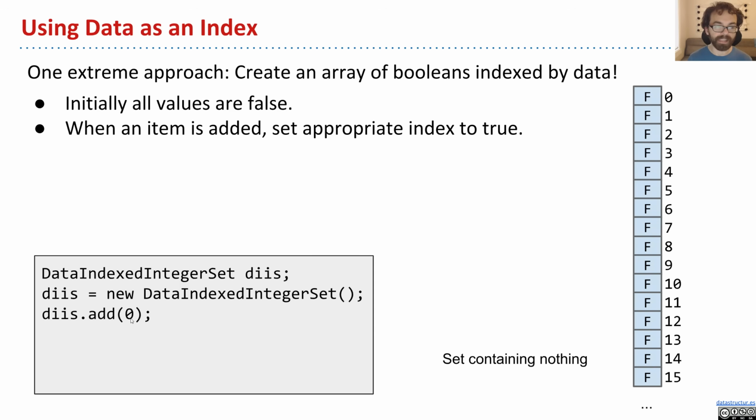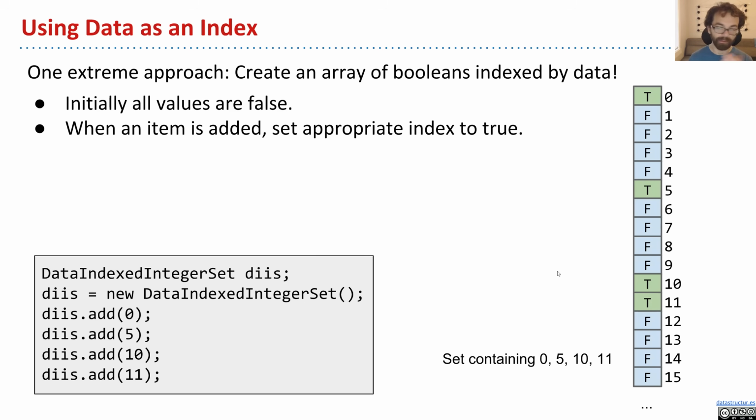But then if I say add 0, what will happen is that the 0th item in my Boolean array will be set to true. If I then say, okay, well, let's add 5, then the 5th element will become true. If we go to, say, let's add 10, then we go to the 10th item in my array, and I set it to true, and maybe I do 11. Okay? So it's actually a pretty intuitive idea.